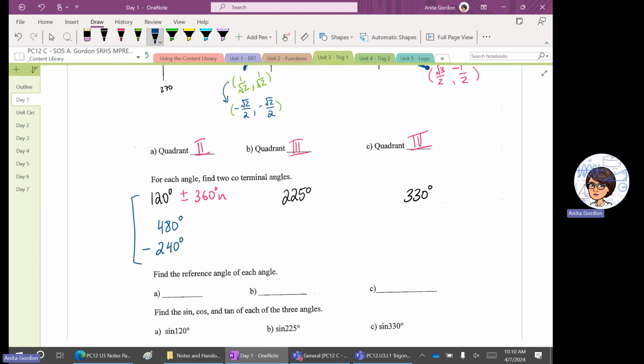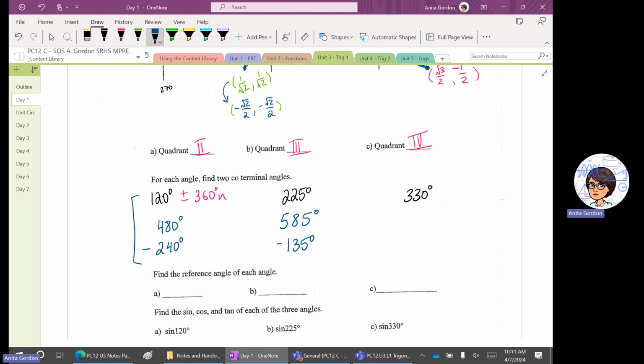If I add 360 to 225, some mental math here, 585 degrees would be coterminal. If I minus 360, I don't know if I can do that one in my head, negative 135. Let me just double check on my calculator here. 225 minus 360, 135. Perfect. Negative 135 would be coterminal.